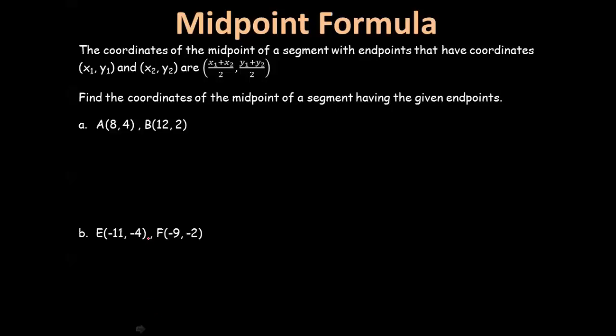Now in this one, it's just the midpoint formula, and you're going to use the midpoint formula to find what the midpoint is. So my midpoint for this one, I'm going to plug in x1 is 8 plus 12 divided by 2, and 4 plus 2 divided by 2.